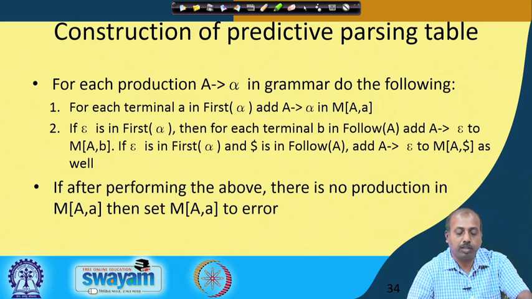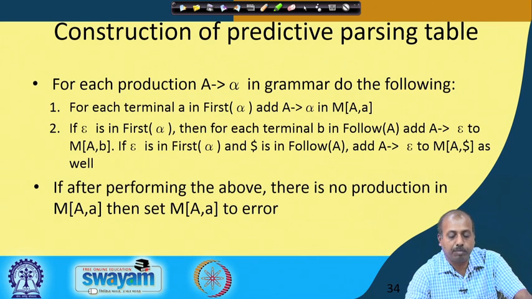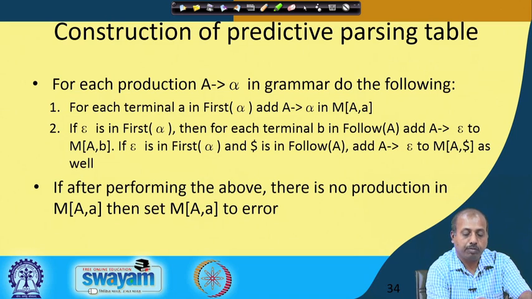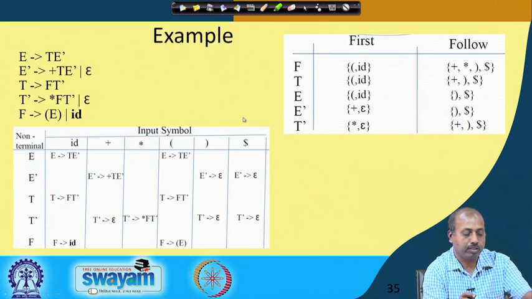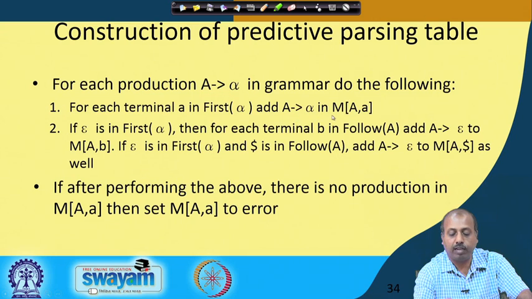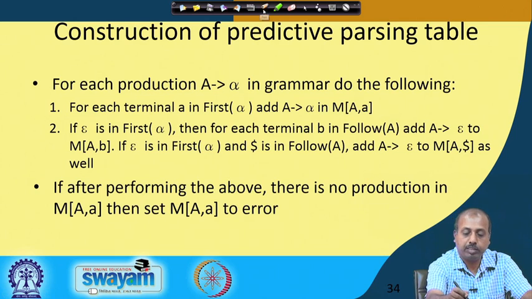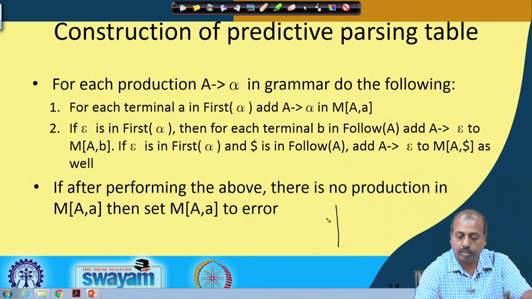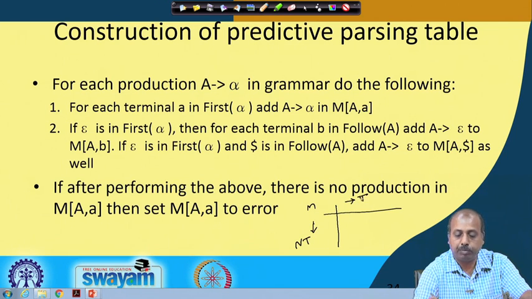For each production A producing alpha in the grammar, we do like this. For each terminal a in first of alpha, we add A producing alpha in the table M. This table is a two dimensional table. In one dimension we have all the non terminals from the set Vn, and in the other all the terminals.